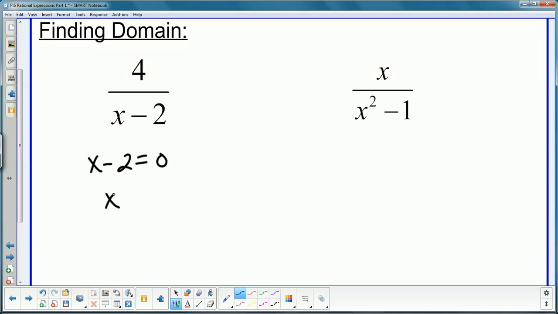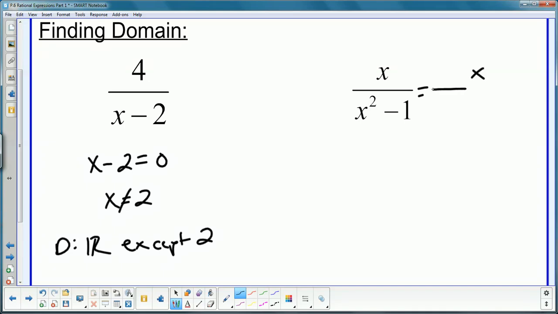In this case, if I add 2 to both sides, my denominator is equal to 0 when x is 2, which means we can't do that because we can't divide by 0. So we would say our domain is all real numbers, and there's your symbol for all reals, except 2.